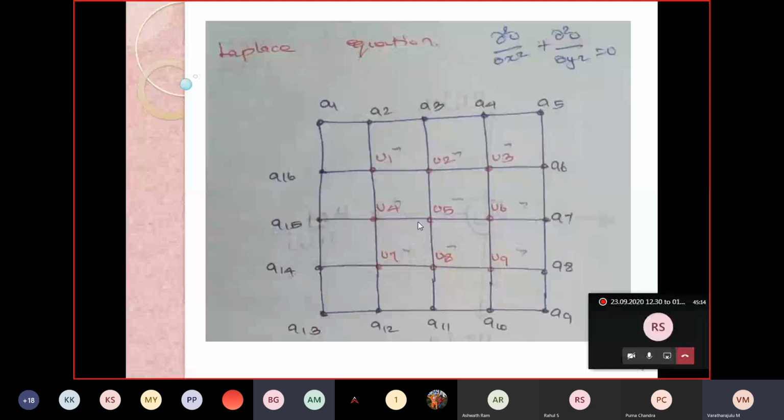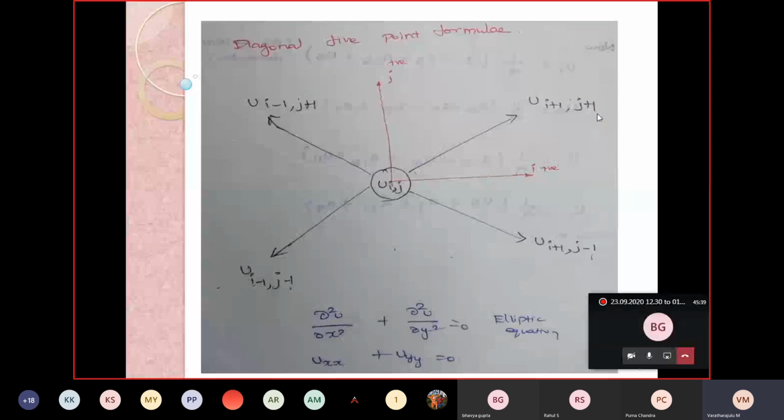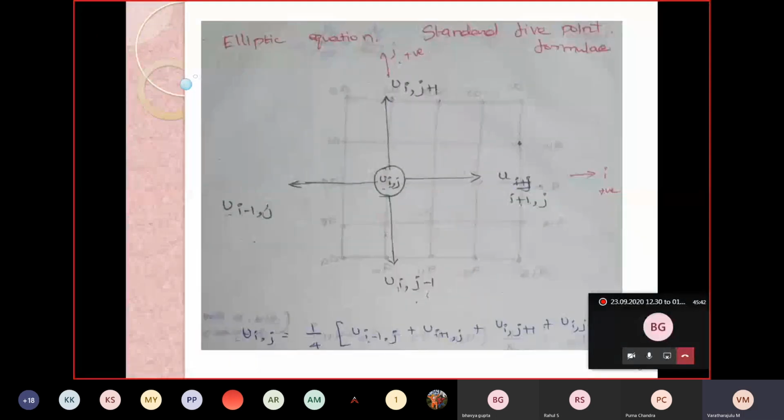Kalyan answered: Sir, I didn't get this, can you explain again? We need to find U1. Based on the standard 5-point formula, it is feasible to find the value of U1. We will revisit the 5-point formula.